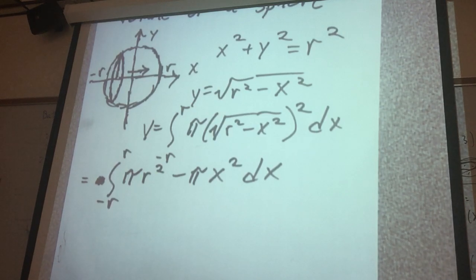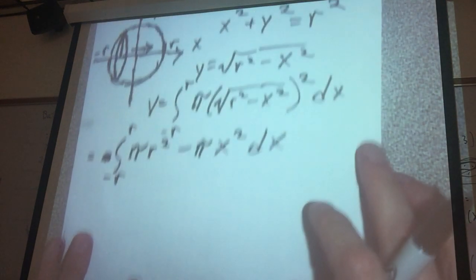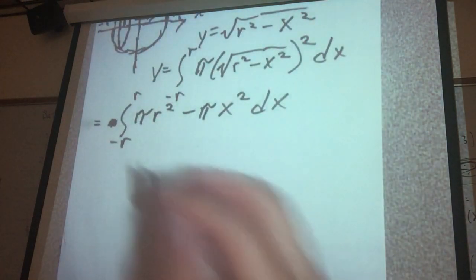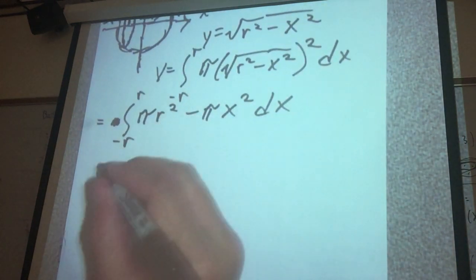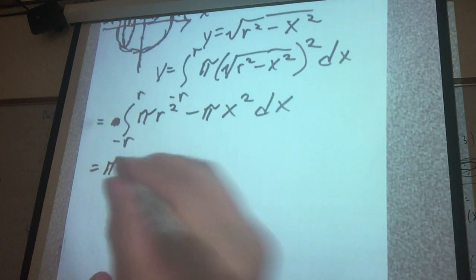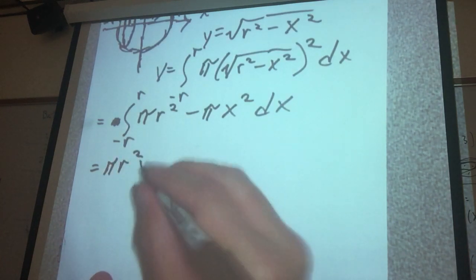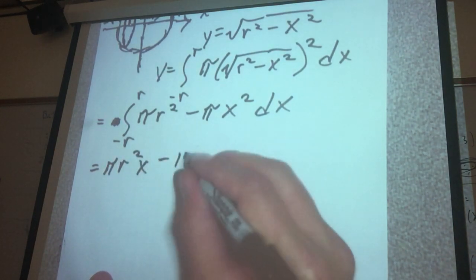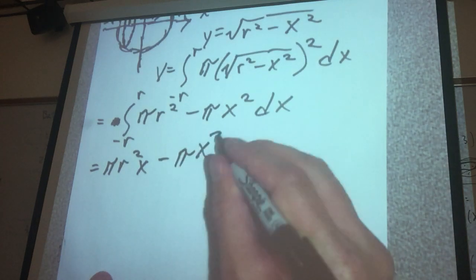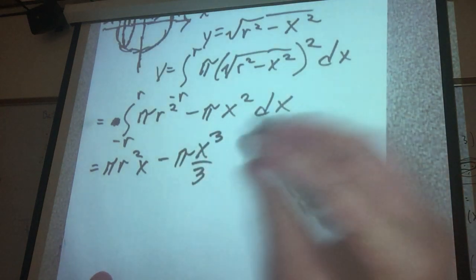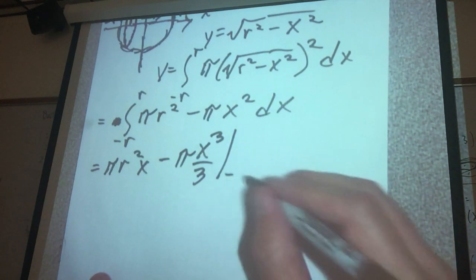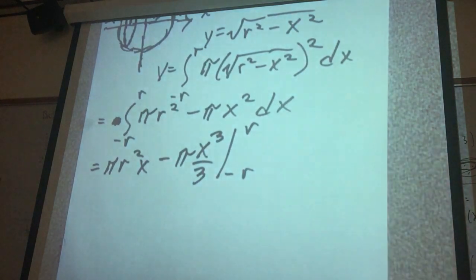Okay? So, now if this r is a constant, so this becomes pi, now r squared times x, now minus pi, this is going to become x cubed divided by 3, and now all of this is going to be evaluated at negative r and at r. Okay?